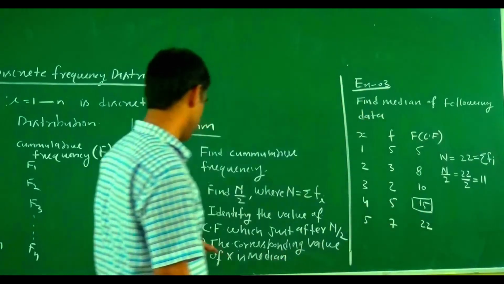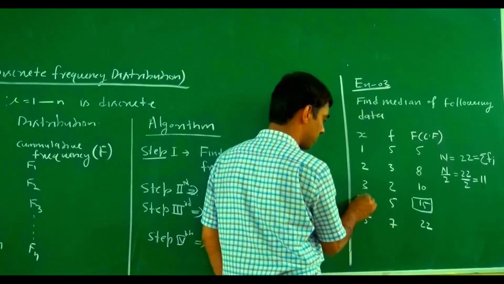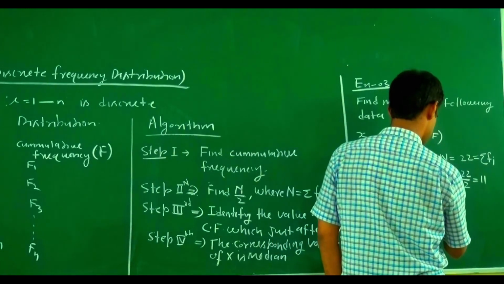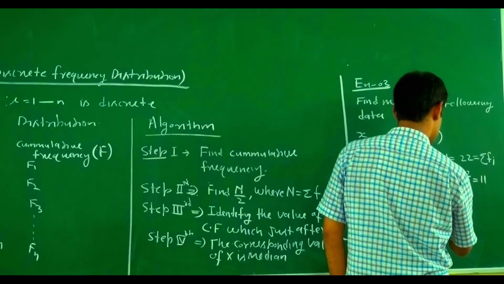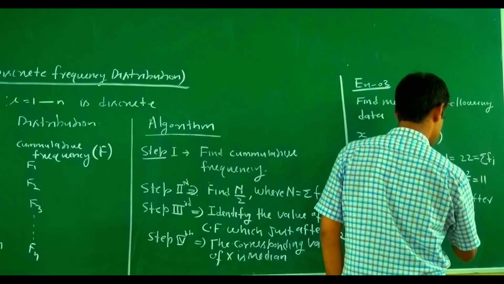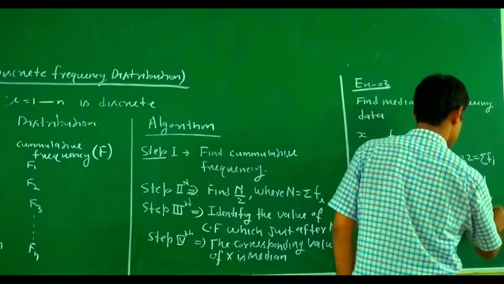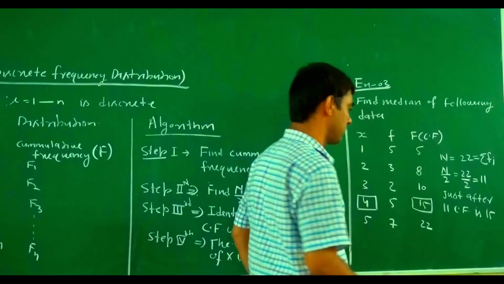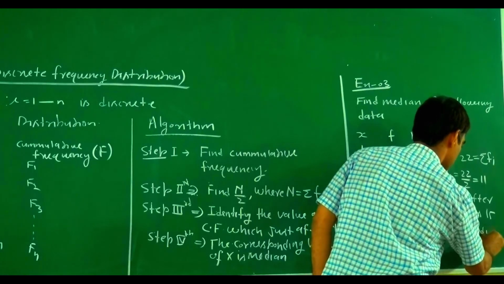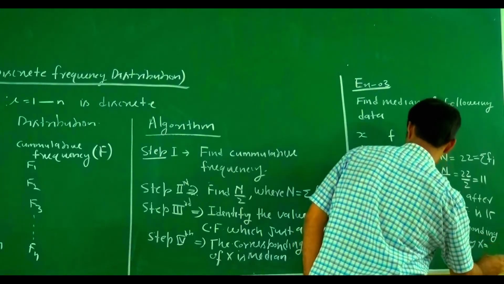So the corresponding value of x is the median. Just after 11, the cumulative frequency is 15, and the corresponding value of x is 4.